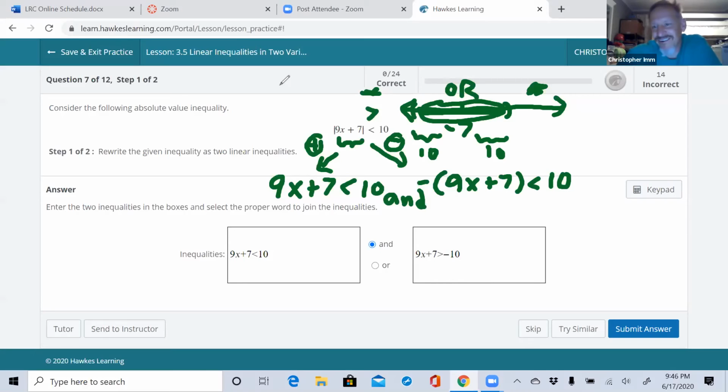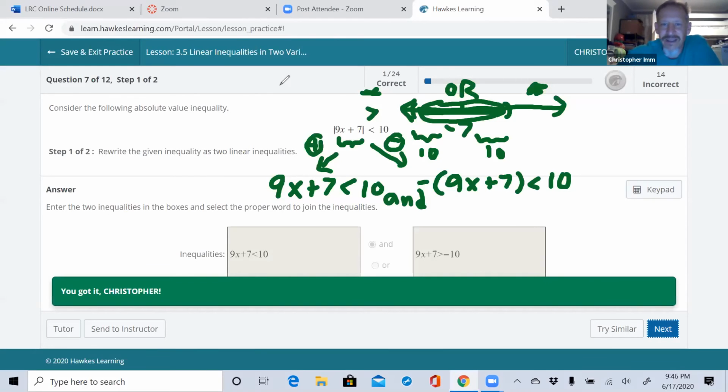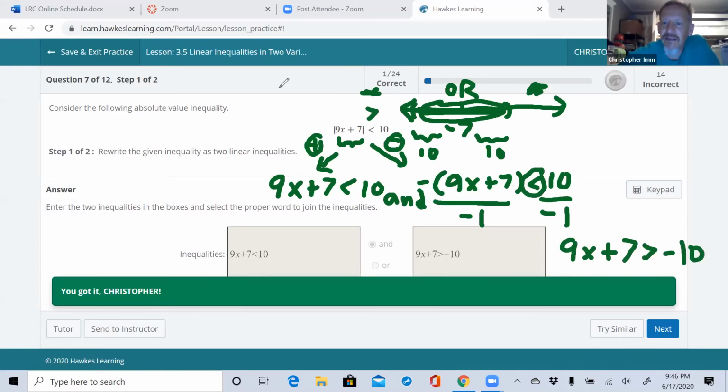Let's make sure that's correct first. Okay, good. What I've really done here is divide by this negative sign. When I divide by the negative 1 on both sides, this sign needs to be flipped. So I have 9x plus 7, I flip the sign, and that's where I got this part here. Okay, let's look at the next bit.